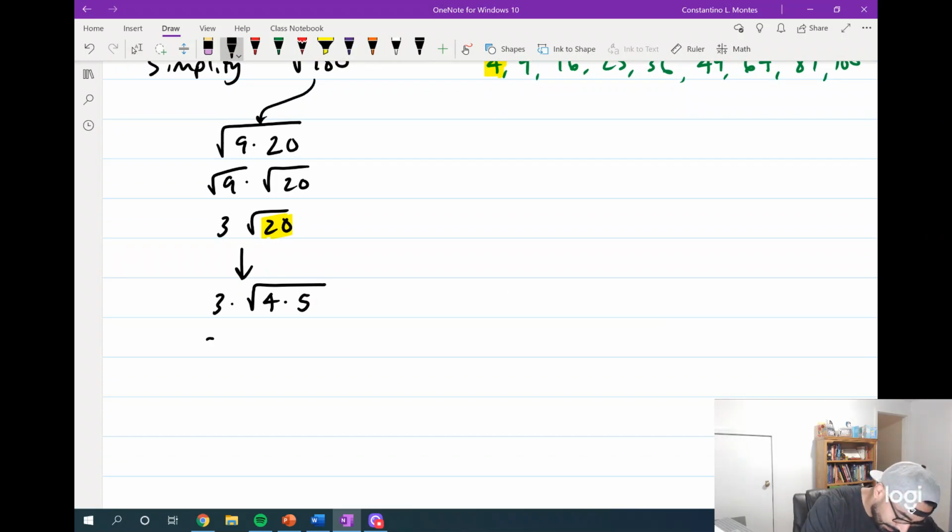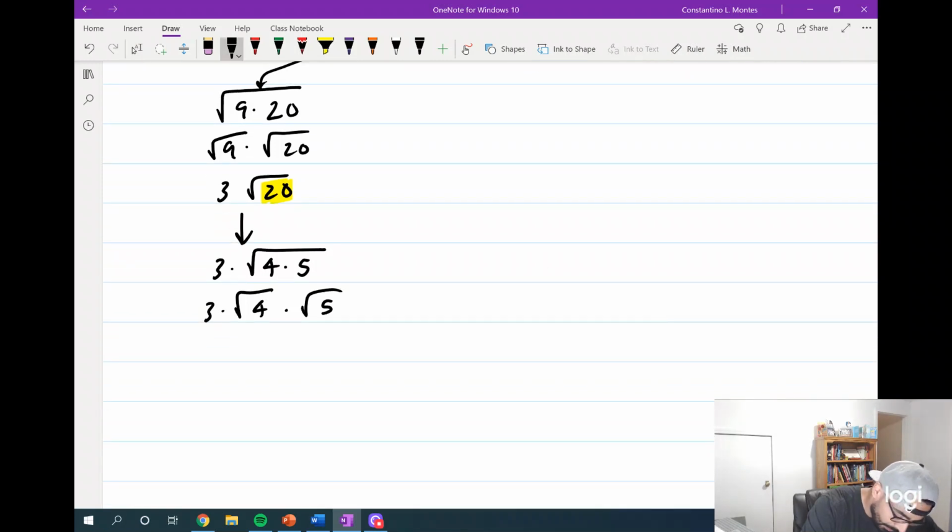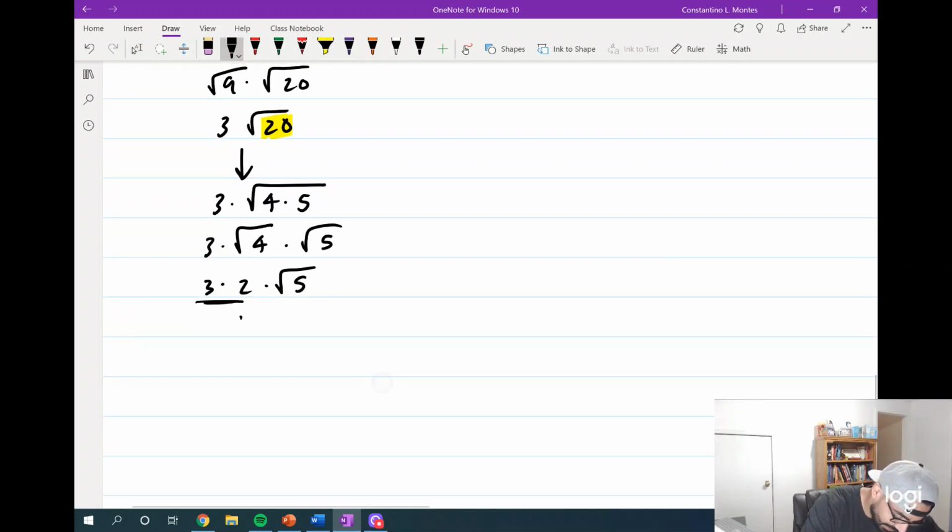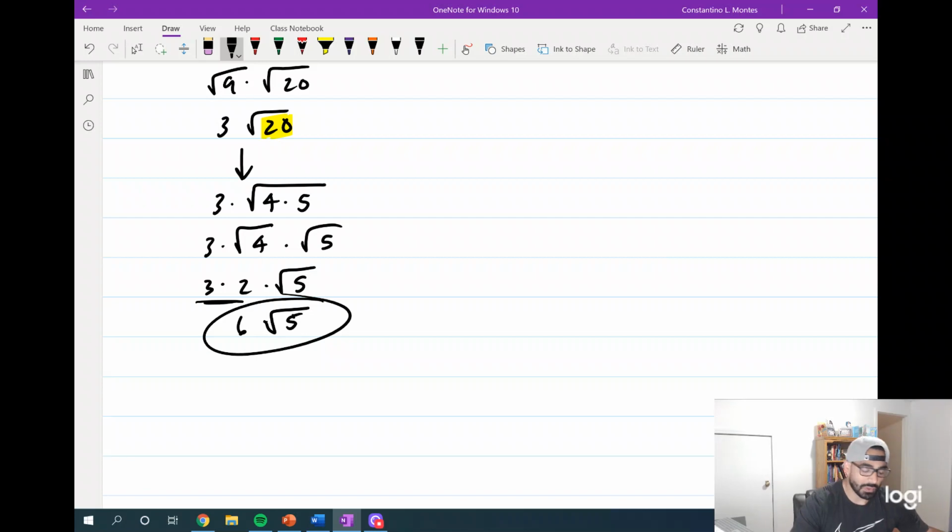We can split that up into 3 times the square root of 4 times the square root of 5. Square root of 4 is 2, so that's 3 times 2 times square root of 5. 3 times 2, easy to calculate, that's 6. 6 square root 5. And we are done. There's no perfect squares that divide 5, that are factors of 5.